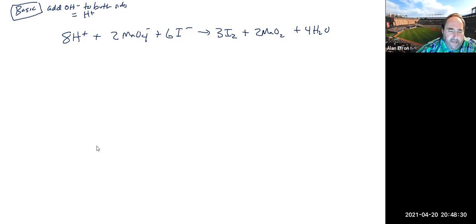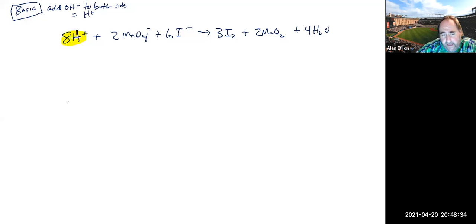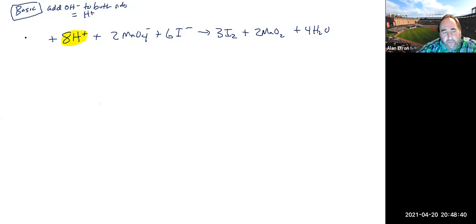So when we look at our equation here from acidic, we have 8 H pluses, and that is exactly how much OH minus we're going to add to not just one side, but both sides.